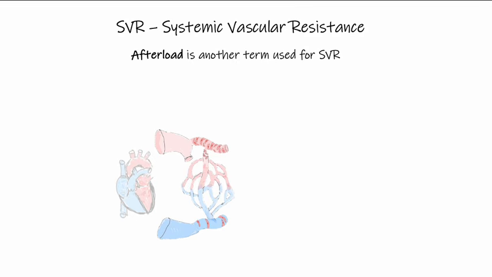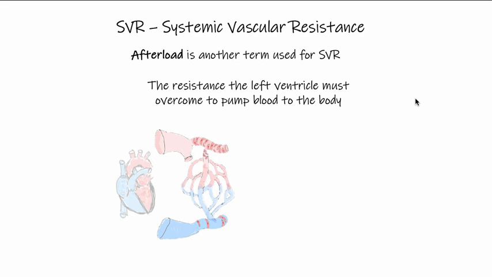The term afterload is kind of nice in that it gives a picture that systemic vascular resistance is the load after the heart. So it's the load that the heart's having to work against. Systemic vascular resistance is the resistance that the heart is having to work against to pump blood out to the body.